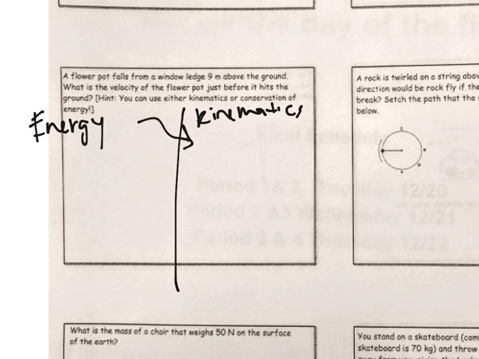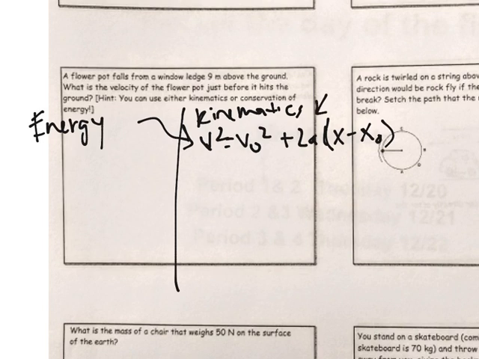The formula for this is V squared is equal to V naught squared plus 2a times x minus x initial, final position minus initial position. And remember, it's falling, so when you're falling, the acceleration is a negative 9.8.